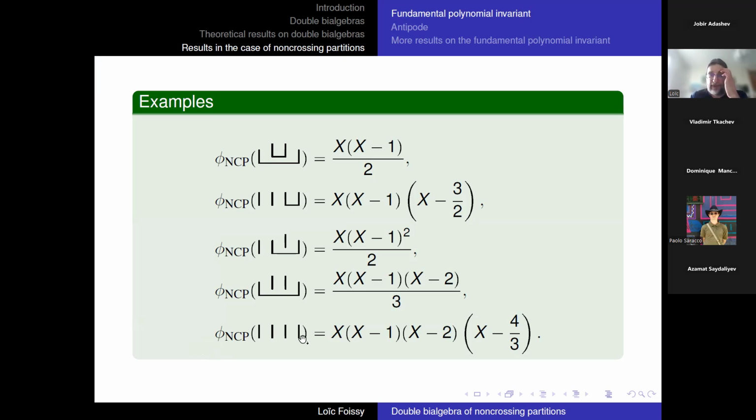You obtain things you wait, in fact, x minus 1, x minus 2. You knew before that we will have this. What is more surprising is the last factor, which is x minus 4 over 3. I don't know what this means exactly, this 4 over 3. I just found it, in fact, by computation.